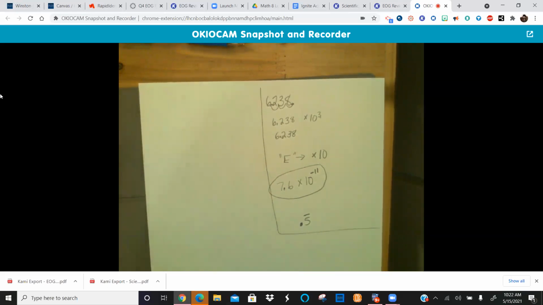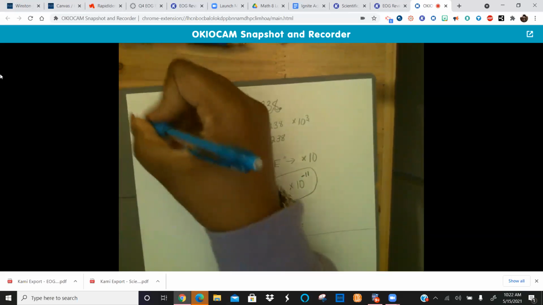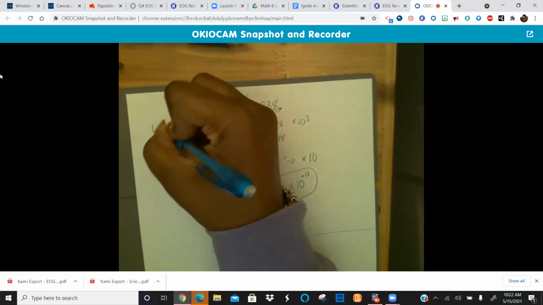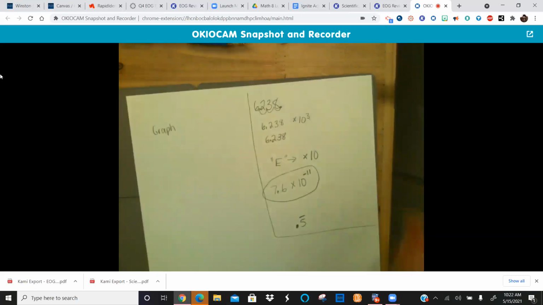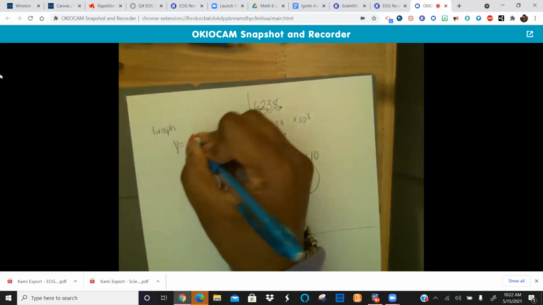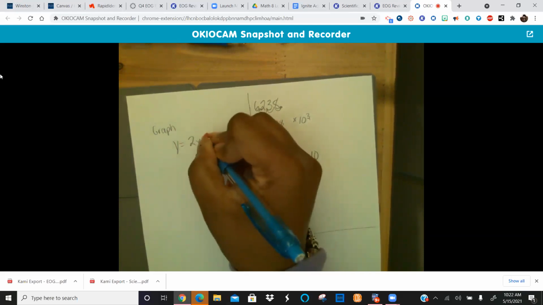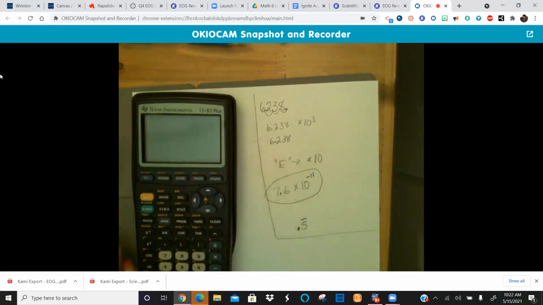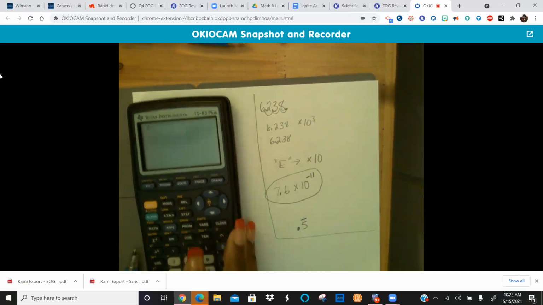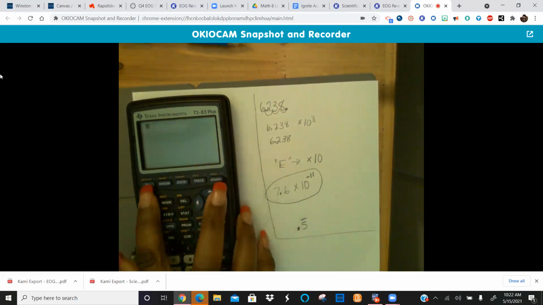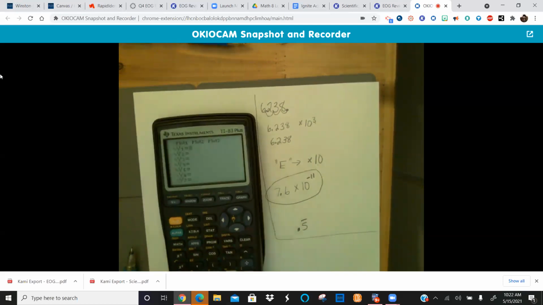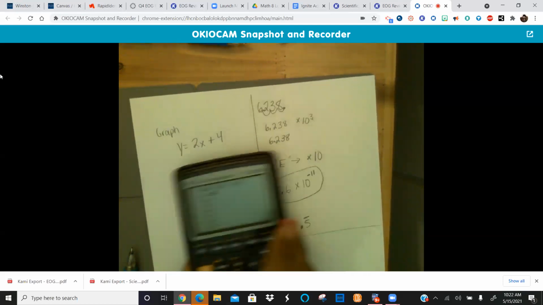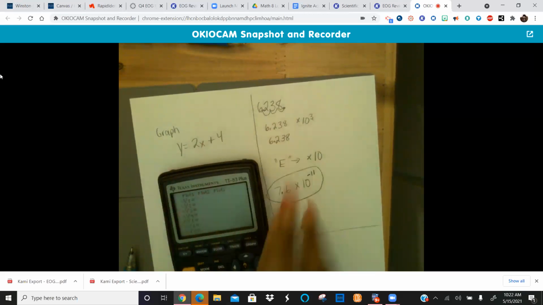Okay, so now we are going to do some graphing. Let's suppose that you have, it says you're graphing, graph y is equal to 2x plus 4. Okay, so here is where you go. You go to y equals here, and you're going to type in the equation 2x plus 4.